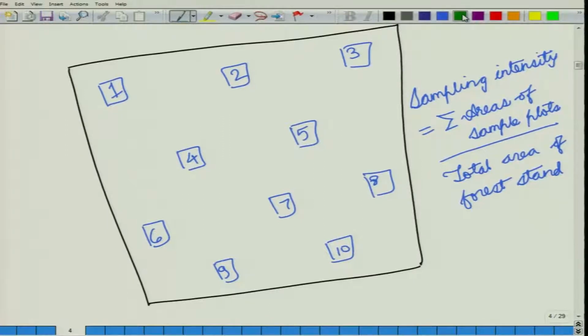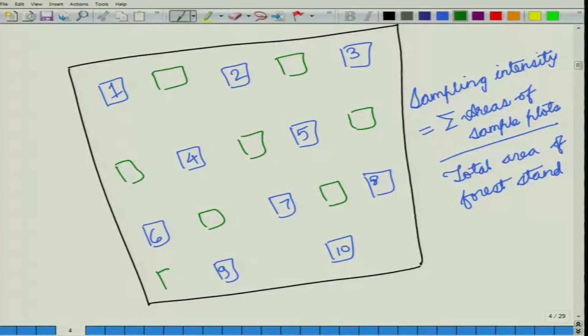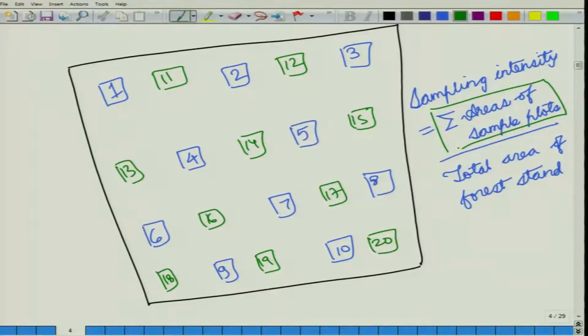In another instance, we took a few more sample plots. To continue with our numbering, this will be 11, 12, 13, 14, 15, 16, 17, 18, 19 and 20. Now, in this case the sum of the areas of the sample plots has doubled compared to the previous instance. So, we can say that the sampling intensity has doubled.